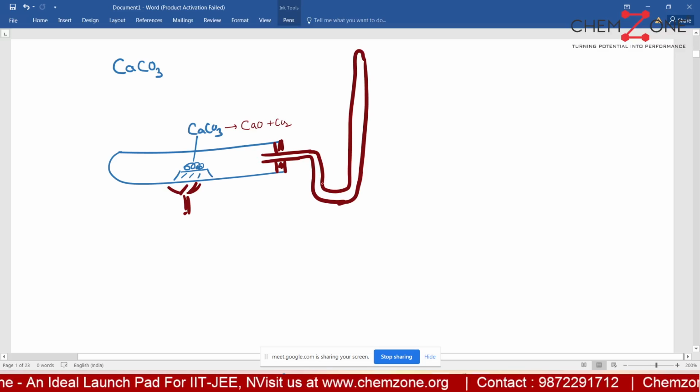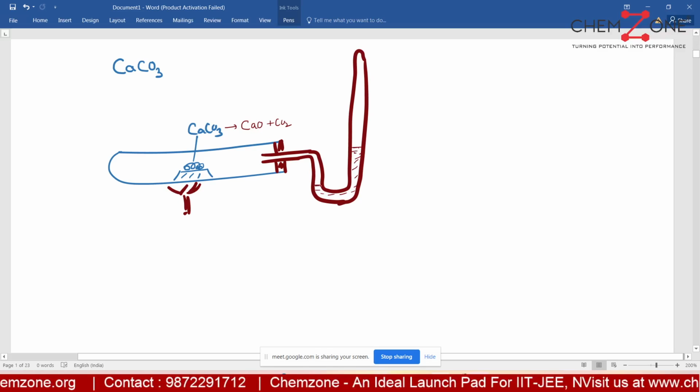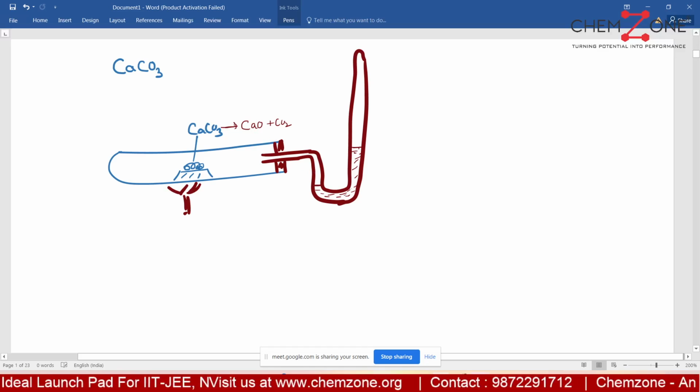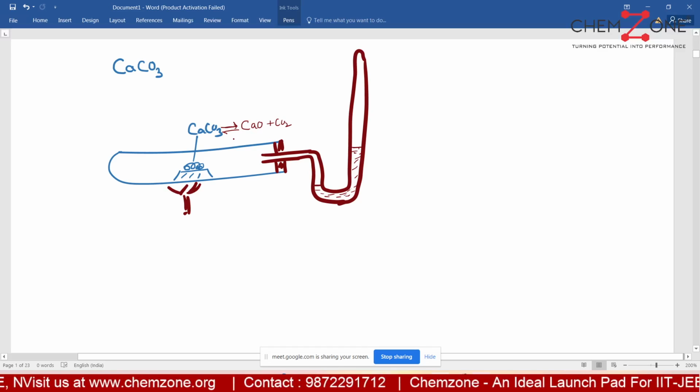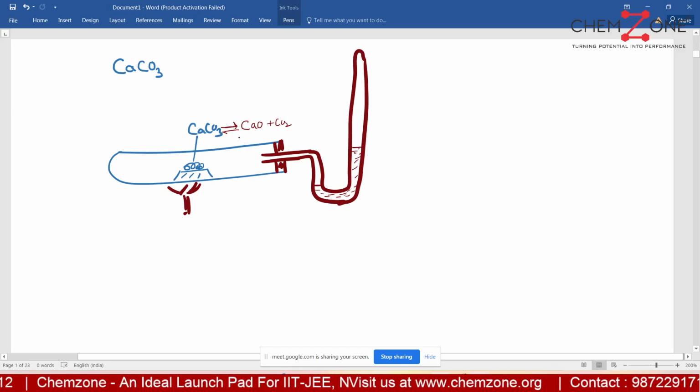Initially, the carbon dioxide pushes the piston down and it goes like this. After some time, the level of the mercury in the manometer becomes constant. It means the speed at which the carbon dioxide is formed, at the same speed it is going in the backward direction. Right?